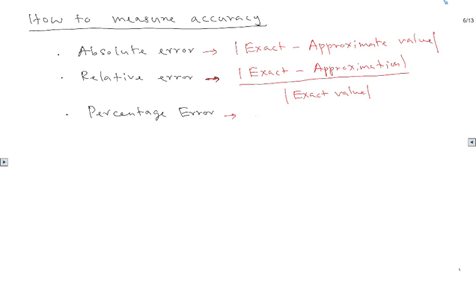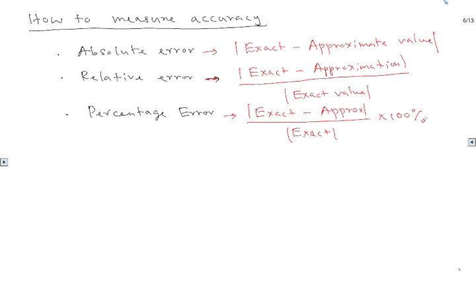So we take the exact value minus the approximation, take the absolute value, divide by the absolute value of the exact value, and times 100%. So we're going to calculate the percentage value. So that's what we call the percentage error.